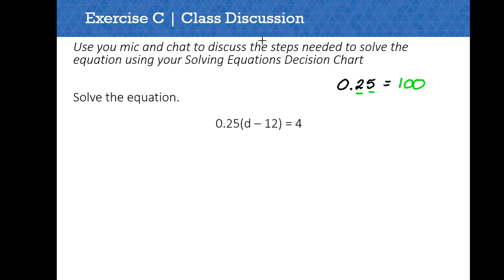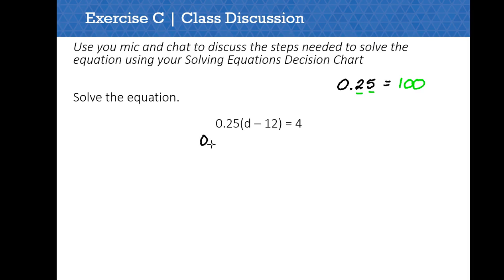Now, when I'm multiplying, the thing you want to be careful about is I do not want to multiply within the parentheses. This is the thing that's a little bit different. So when I do this multiplying, I am going to multiply my 0.25 by 100.